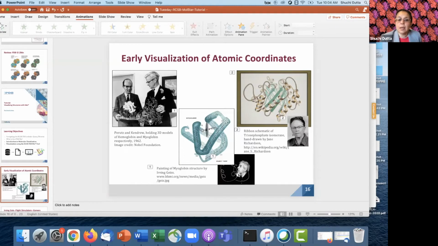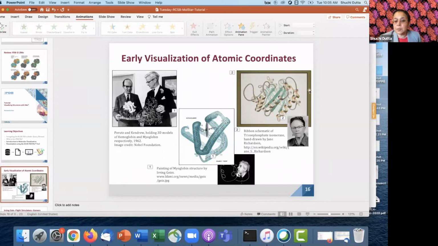A similar kind of simplification was done by Jane Richardson. She was the inventor of this ribbon scheme. And here is a hand-drawn, painted representation of triose phosphate isomerase. Again, we are looking at just the backbone, represented in these stylized ribbons and arrows.